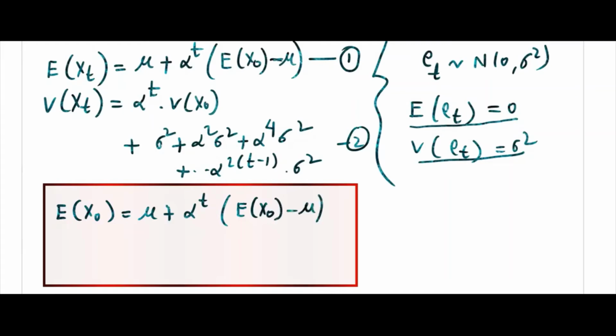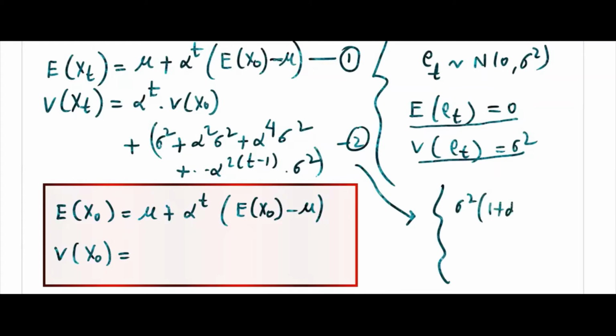This is the first one, and the second one is V of x_t, that is equal to, we can do a little bit of work here. You take sigma squared common here, 1 plus alpha squared, that way you will get alpha squared.